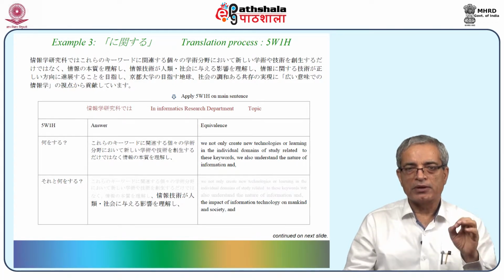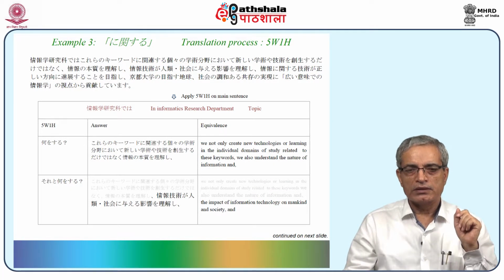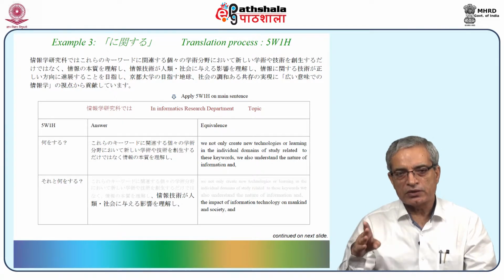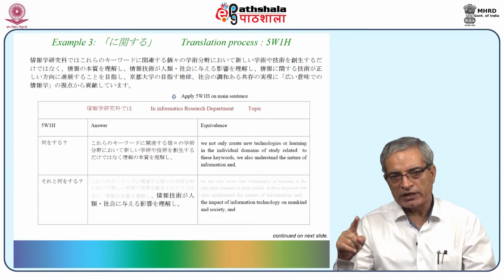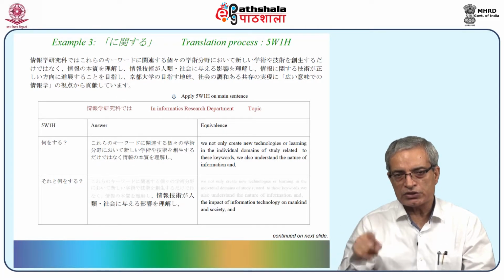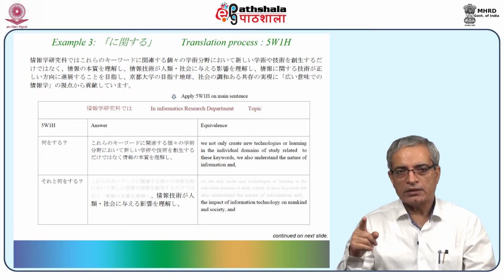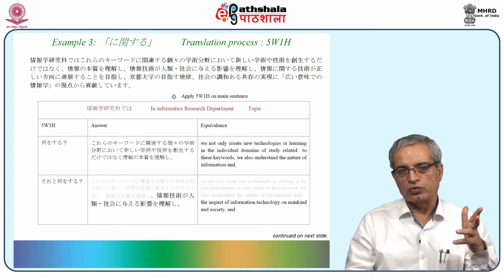So in a particular department, and then it says ni kansuru, so keyword ni kansuru, and then it says ni oite, that means related to something, ni oite means in something, and then it says dake deva naku suru dake deva naku, so some action alone is not done, that means something else is done, and that something else is rikaishi, then again rikaishi, and then thereafter o mezashi, and then finally koken shitemasu. So there are a few verbs here, so the questions will obviously be asked on o, many questions.